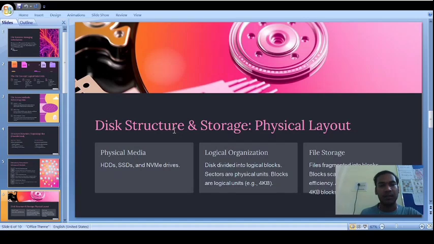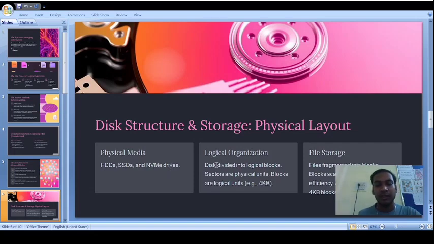Disk structure and storage. There are three types of structures: physical media, logical organization, and file storage. In physical media, it uses HDDs, SSDs, and NVMe. HDD means hard disk drive, SSD means solid state drive, and NVMe means non-volatile memory express drives.